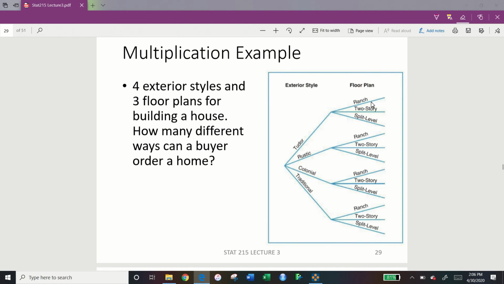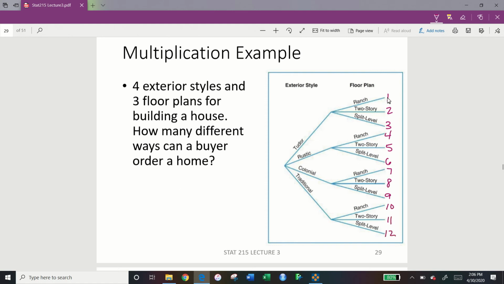So one way to do this would be to count. We've got Tudor ranch, Tudor 2-story, Tudor split level, and so on and so forth, and we could count: 1, 2, 3, 4, 5, 6, 7, 8, 9, 10, 11, 12.